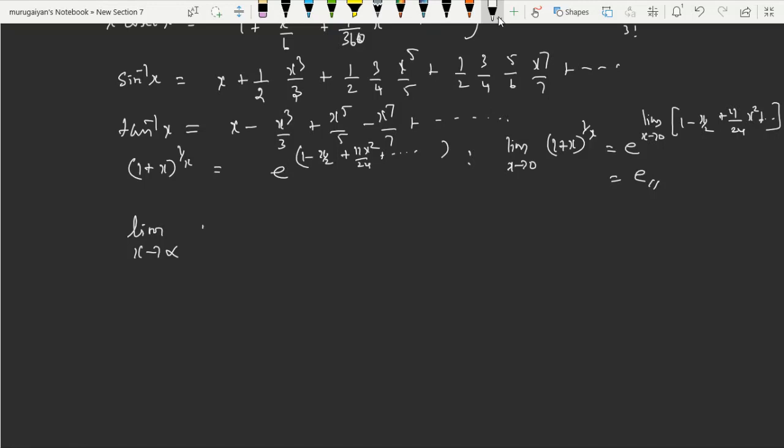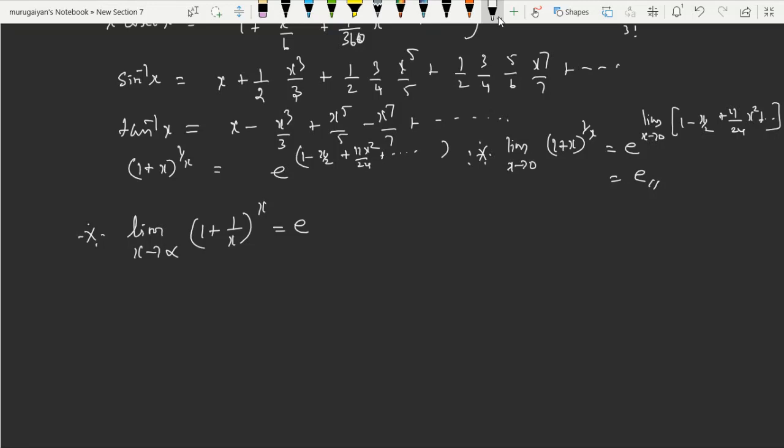As x approaches infinity, 1 plus 1 by x whole power x is also e. Make note of it. There are two different results but the same answer. x approaches infinity means the base is 1 plus 1 by x and the exponent should be x. x approaches 0 means the base is 1 plus x and the exponent is 1 by x.